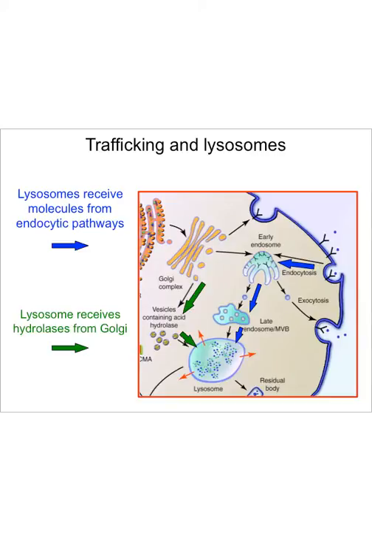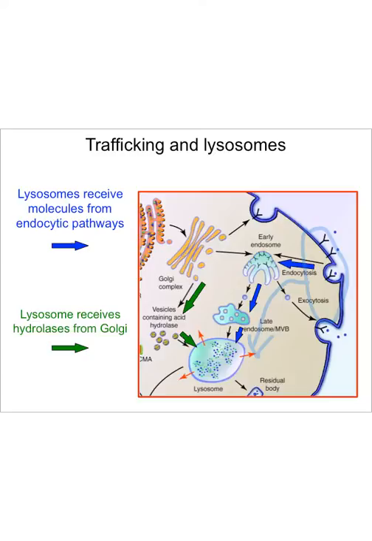First, the lysosome gets most of its cargo, i.e. what it's going to degrade, from endocytic pathways that start at the cell surface and lead to a series of membrane-bound compartments which eventually fuse with the lysosome to deliver cargo consisting of surface proteins, surface membrane, as well as extracellular ligands bound to the surface.